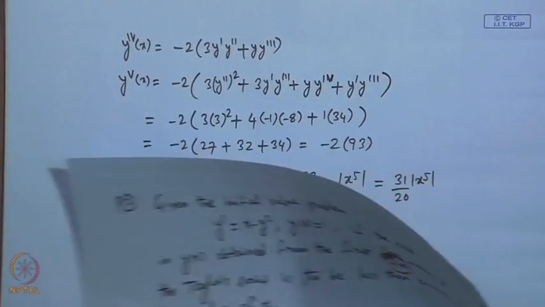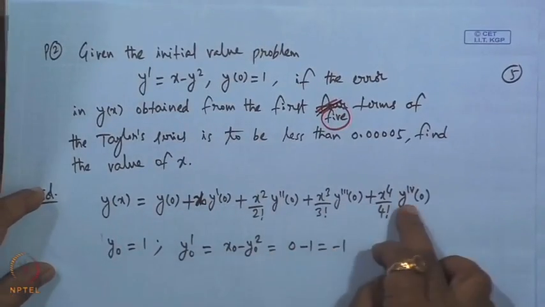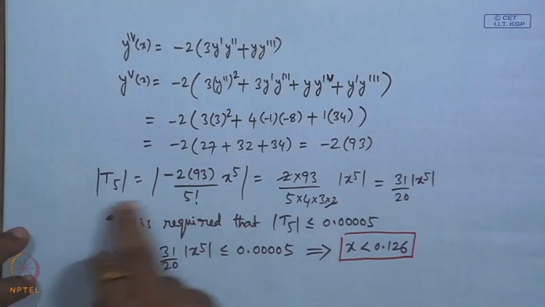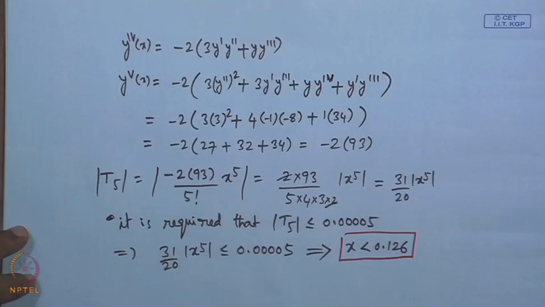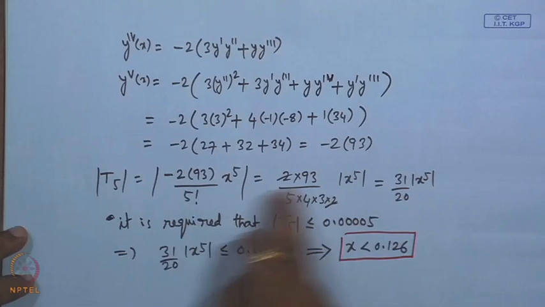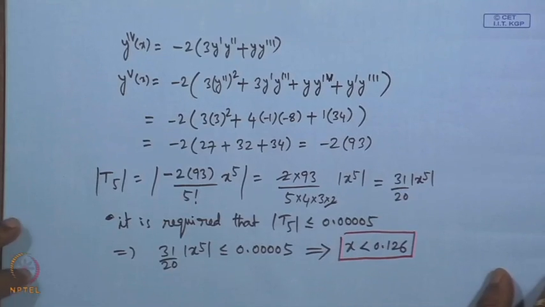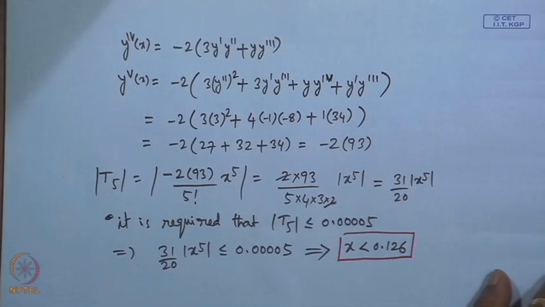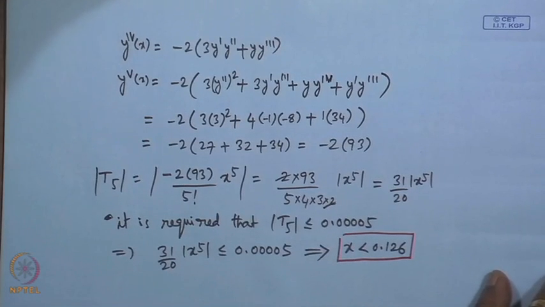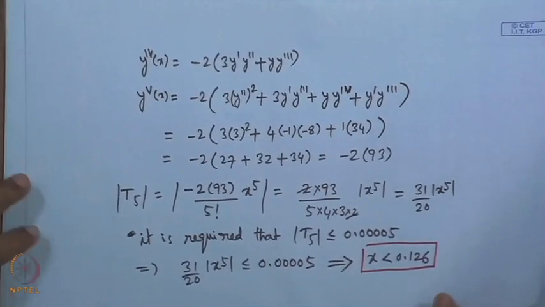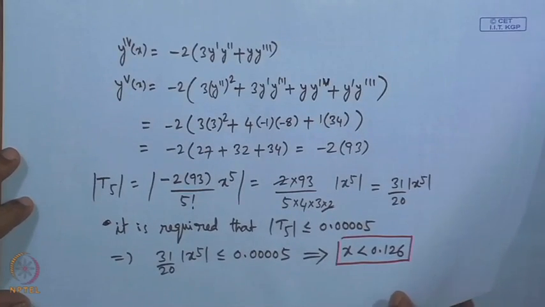So, first 5 terms go up to here, hence the error comes from T 5, the 6th term, and that needs to be less than this. So, on solving we obtain the corresponding estimate. Okay. So, this is how we find the corresponding estimates.